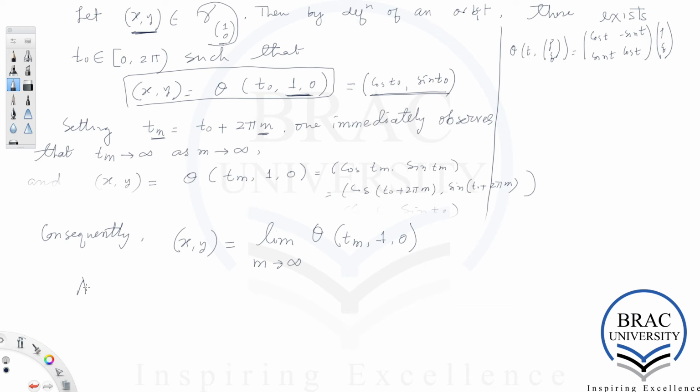And hence one obtains that x comma y belongs to the omega limit set of the orbit of (1, 0). Okay.